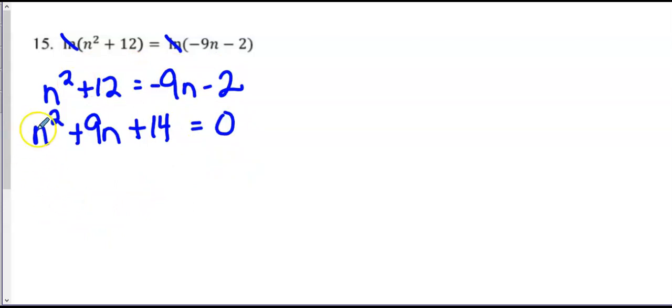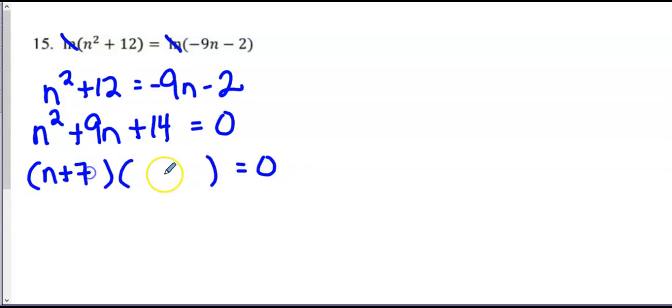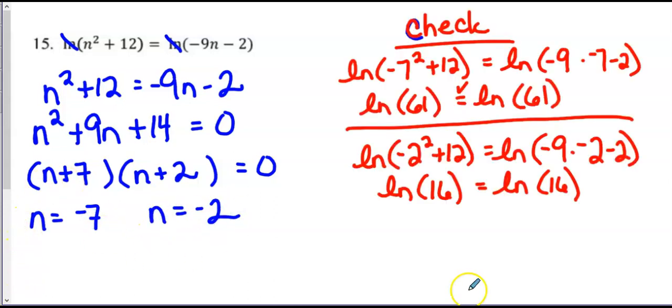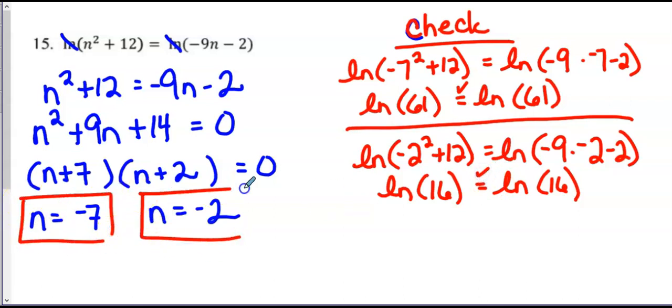So now a is 1, so all I have to do is factor this. My factor pair for 14 is 7 and 2. Okay, so I'll check these both. And both of these check steps worked, so I have 2 solutions for this equation, -7 and -2.